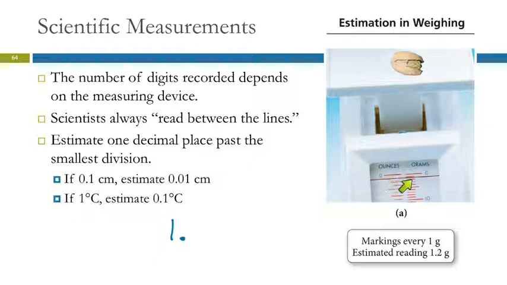These divisions in grams are 1 gram, so we're going to estimate tenths of grams. So we look at this black line and we say, well, I think that's about 2/10 of the way from the 1 to the 2, and so I'm going to record this as 1.2 grams.